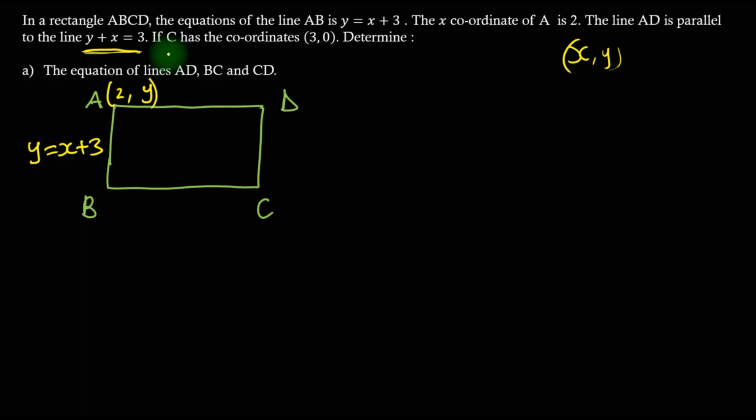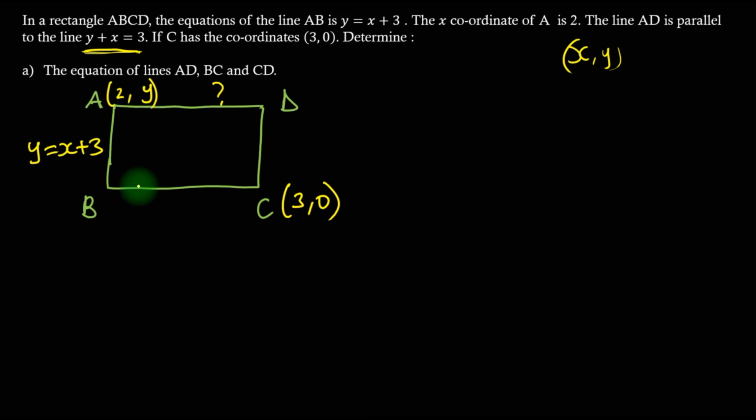The other thing you have been given is that the coordinate of C is (3, 0). Therefore, we need to determine the equation of the lines AD, BC and CD. Let us first get the coordinates of A, and since we don't know y, we can determine it.